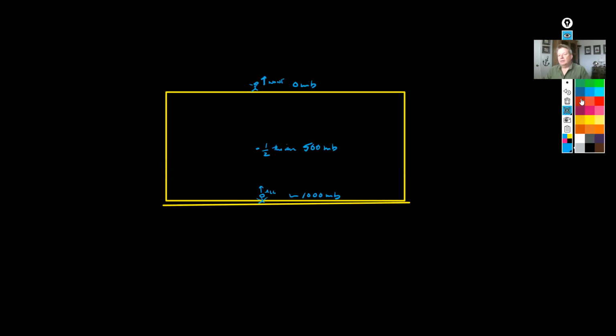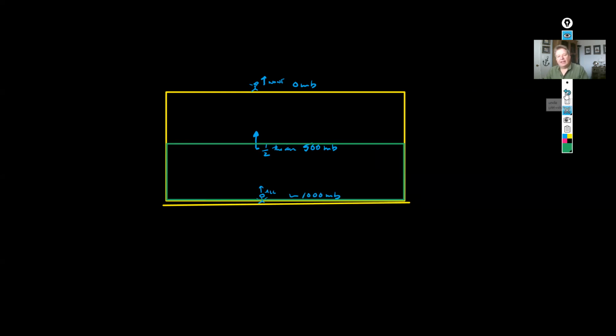Okay? Now, how do I lift? How do I get this center of mass to go up? Well, let's imagine that I have the center of mass of the atmosphere. We've got this layer of air. Half the air. What if I heat that air? If I heat the air, won't the air expand?